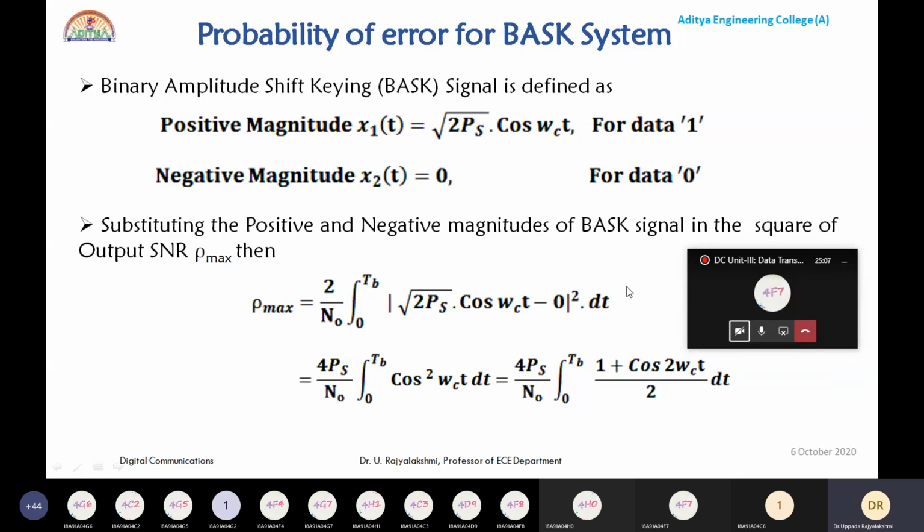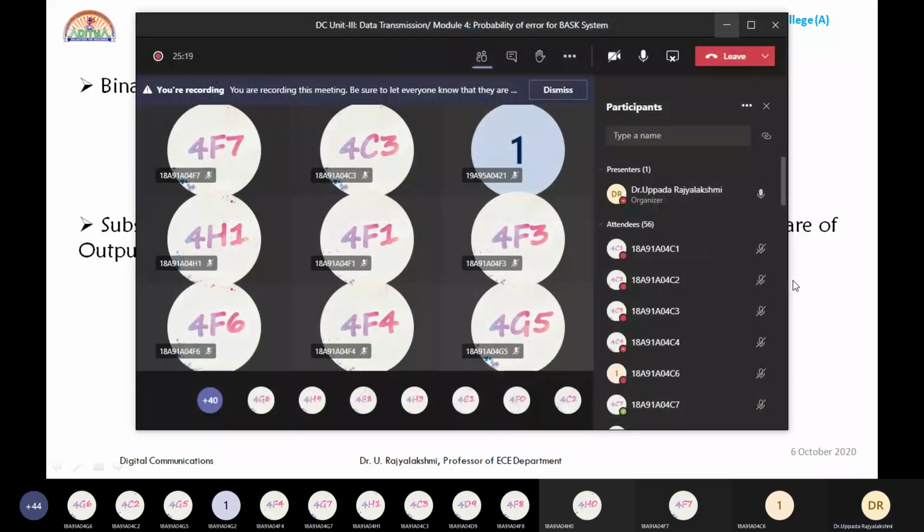Can any one of you tell me the answer for that? What can be the value of the square of output SNR? How many of you are doing it? Please raise your hand. How many of you are solving what I said to you?